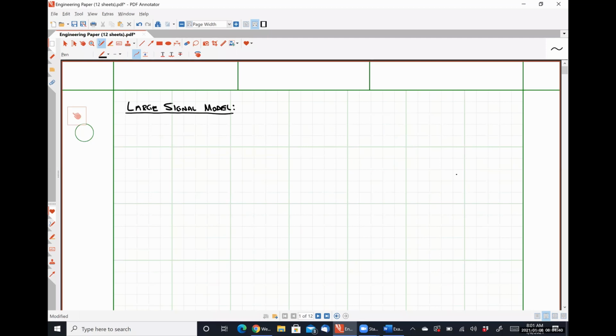All right, so in the forward active mode, the base emitter junction, excuse me, is forward biased. So I'll start down here.